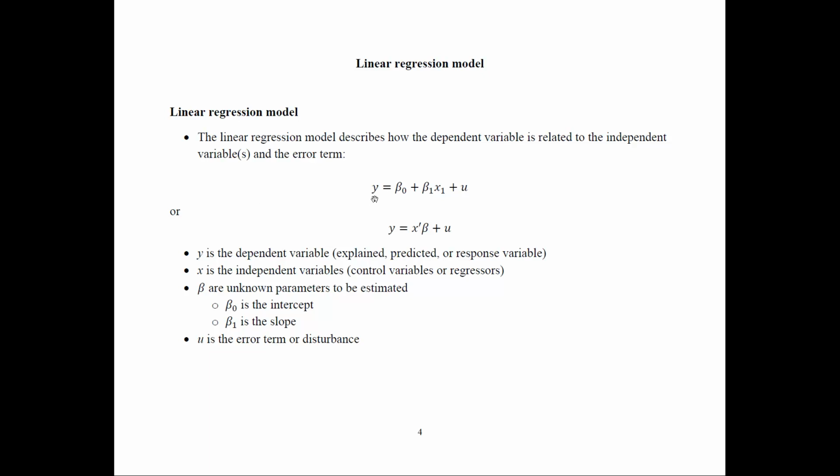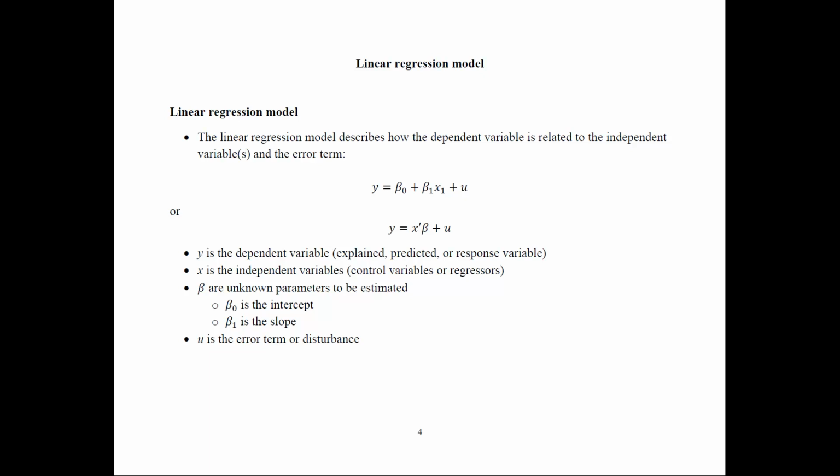We have y, the dependent variable, equals beta 0, this is a parameter or an intercept, plus beta 1, this is another parameter or a slope, and x1 is an independent variable, plus u is the error term or disturbance, and sometimes it's denoted by epsilon as well. So this is a simple linear regression because we only have one independent variable x1.